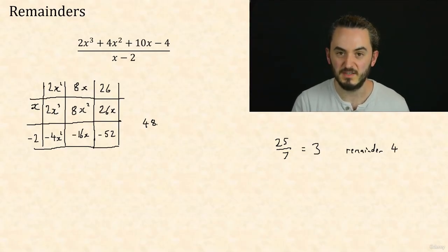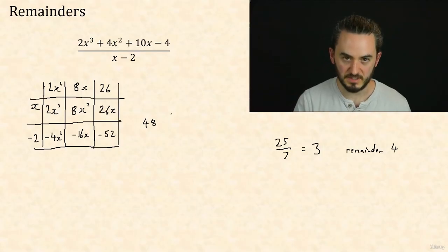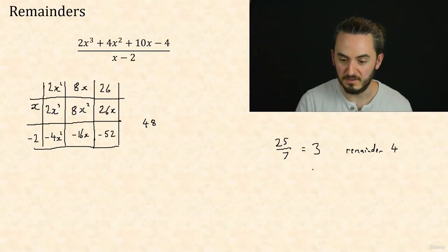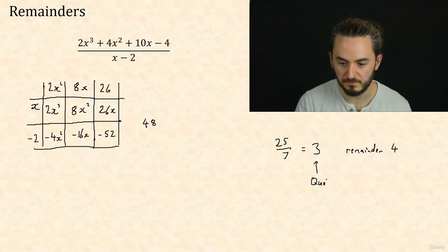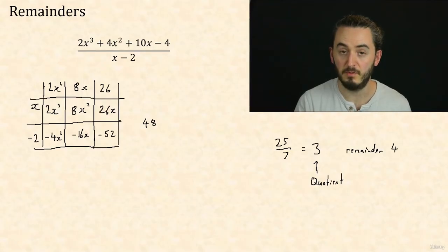So that is like this remainder here. So let's actually get the language right here. You probably didn't learn this language in primary school, but well, this was called the remainder. That's the proper name for this. This bit here is called the quotient. So there is the quotient and the remainder.